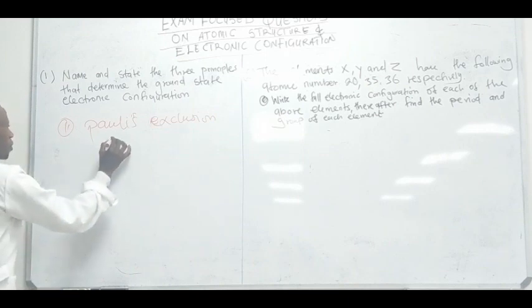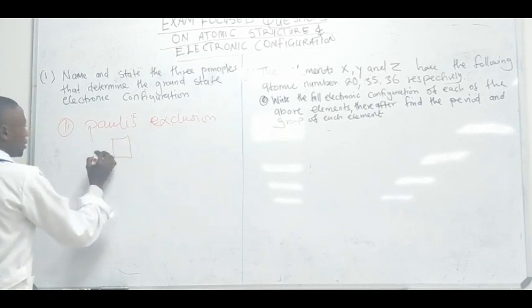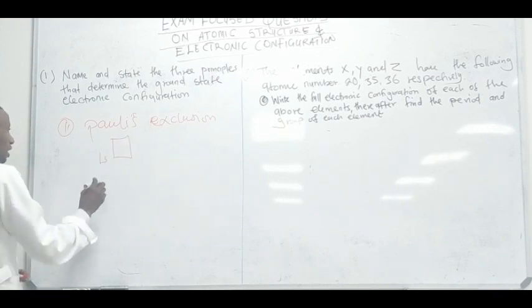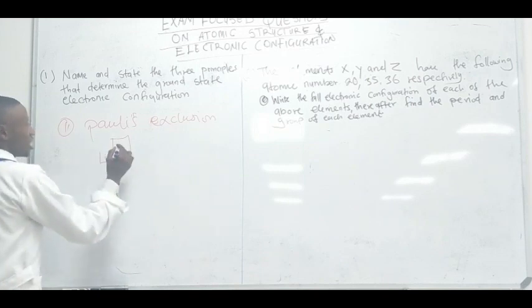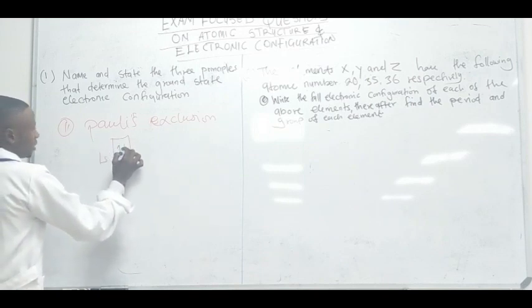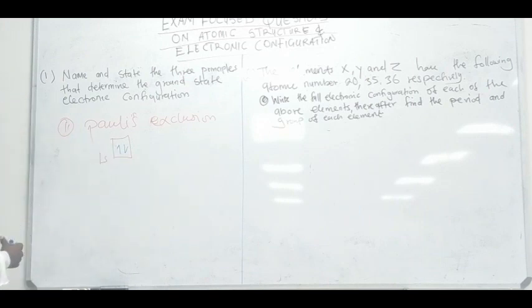So if you have, for example, an s orbital here, this one cannot accommodate more than 2. The highest it can accommodate is just 2. So an orbital cannot hold more than 2 electrons.